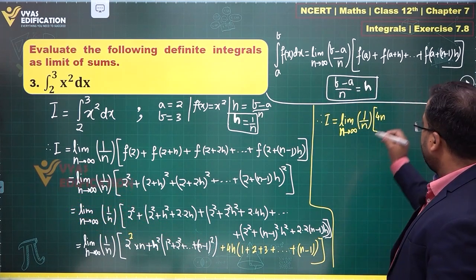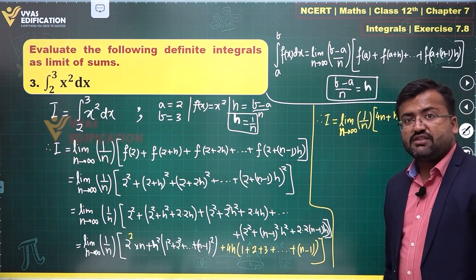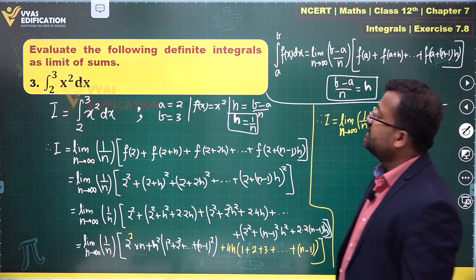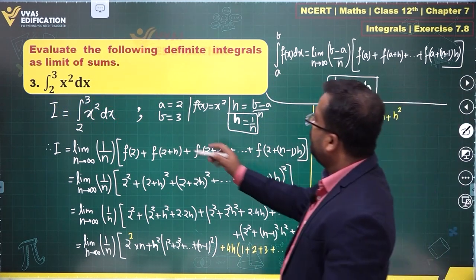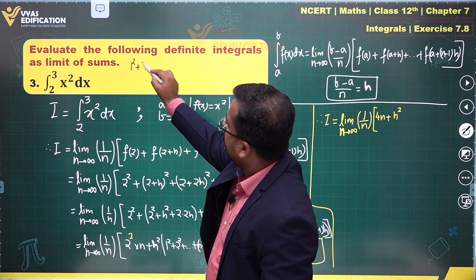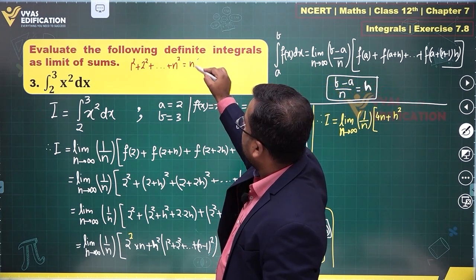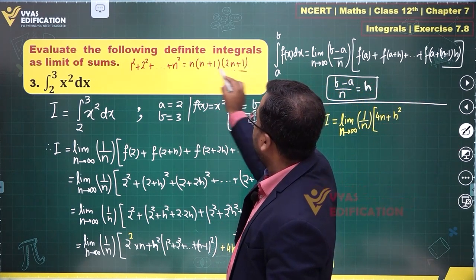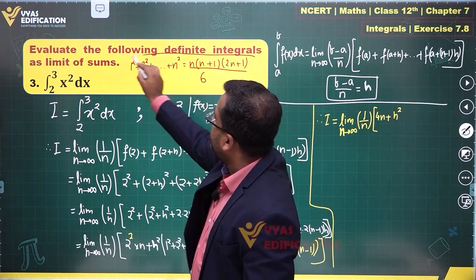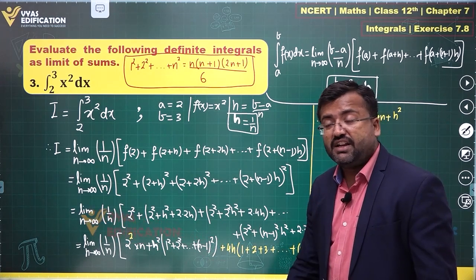And you have h square times sum of squares of first n minus 1 natural numbers. Now recall, I'll write one result over here. 1 square plus 2 square plus dot dot dot up till n square is equal to n times n plus 1 times 2n plus 1 by 6. If you remember this, then you can see that instead of n we are going up till n minus 1, right?